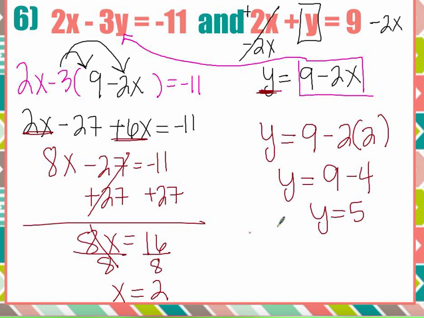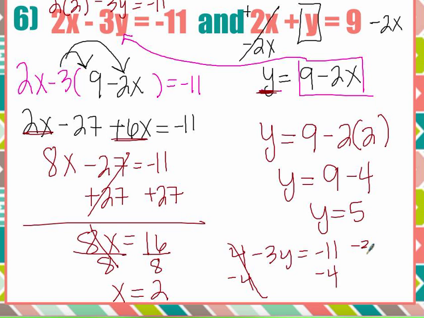I could have plugged it back into either one of these up here. For example, if I wanted to do it in this one because I'm crazy and I like a challenge, I would have 2 times 2 minus 3y equals negative 11. So I'd have 4 minus 3y equals negative 11. I'd minus the 4 from both sides.